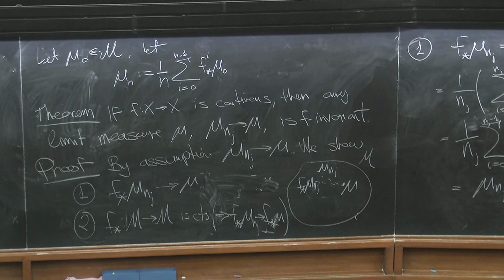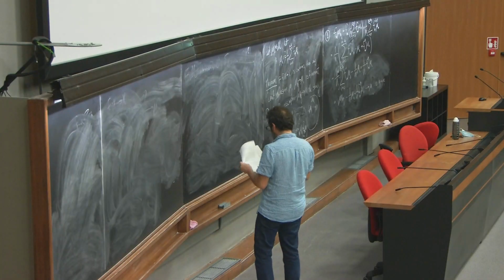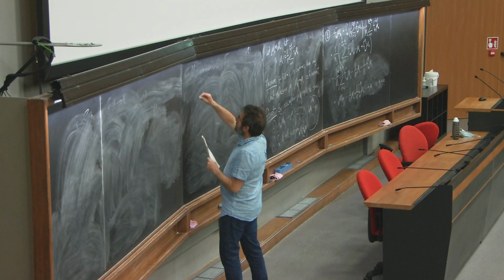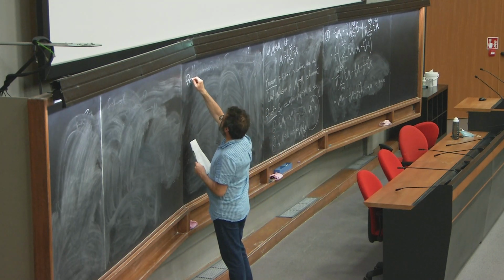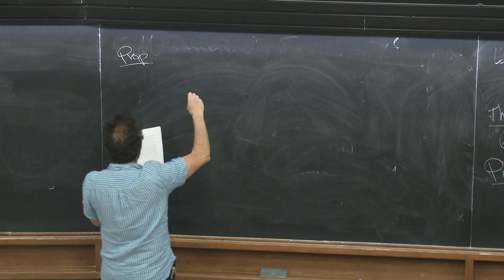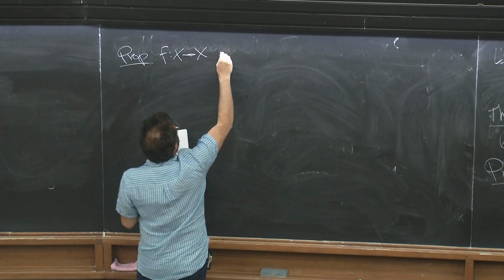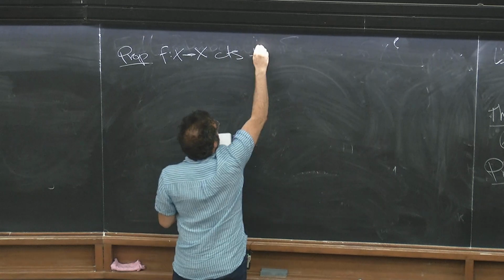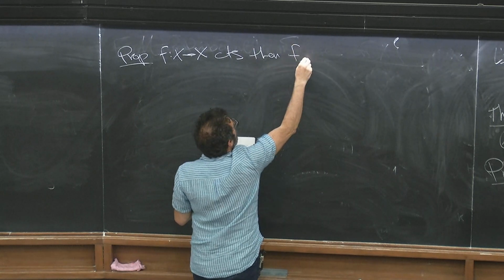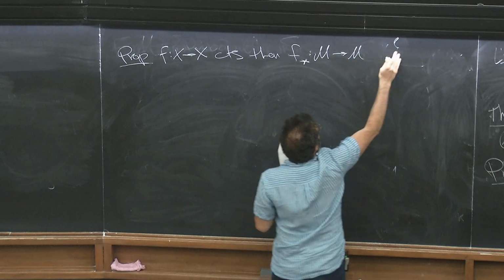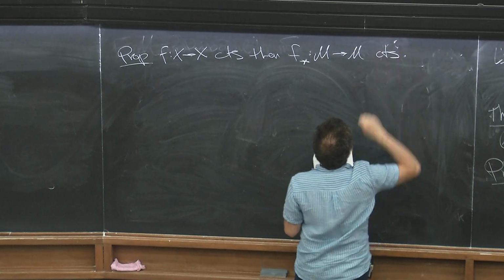Okay, and then the next point is the continuity, and I will just do a little piece of this. So let's write this as a proposition, because this is a general fact. Proposition: if f from X to X is continuous, then f star from M to M is also continuous.